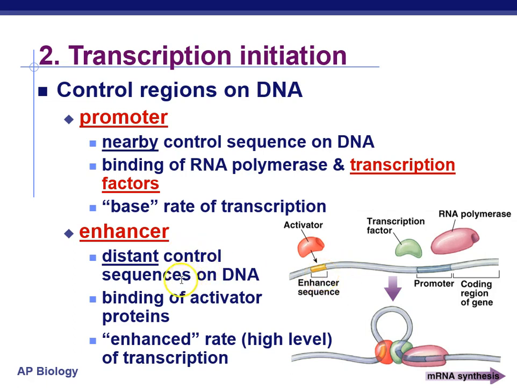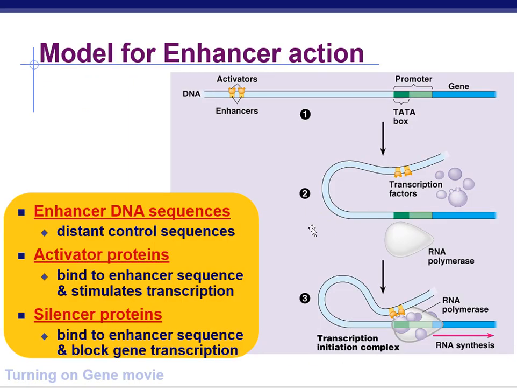So it's a distant control sequence on DNA, and it needs the binding of an activator protein to get it to work. So if the activator binds with the enhancer, then we can start to initiate transcription. So here's what the model looks like.